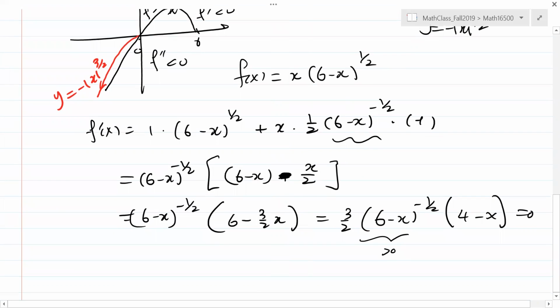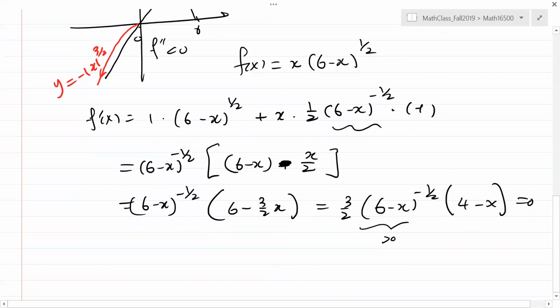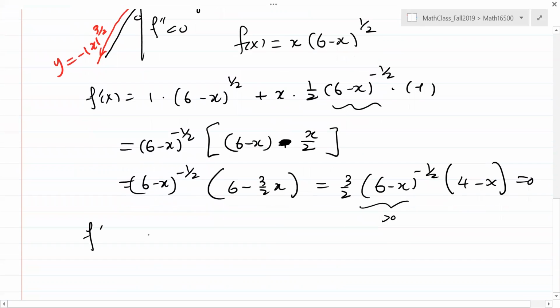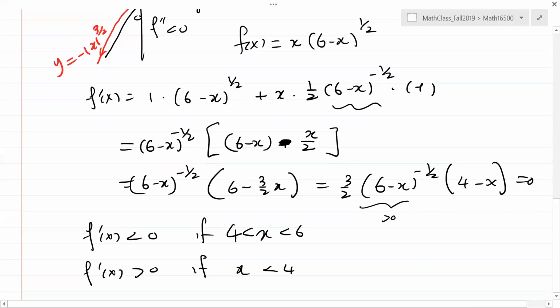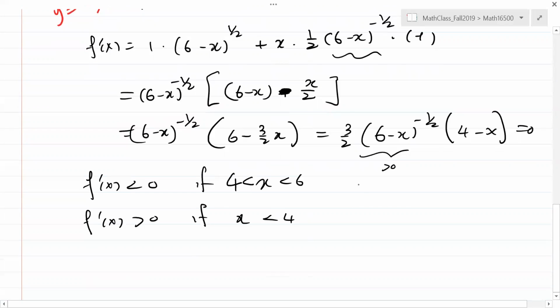When x is greater than 4, it's negative. So if x is less than 6 and greater than 4 it is negative, and it is positive if x is less than 4. So concave down, concave up. That's why the picture looks like that, right?